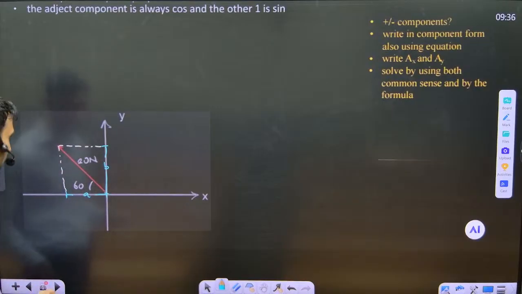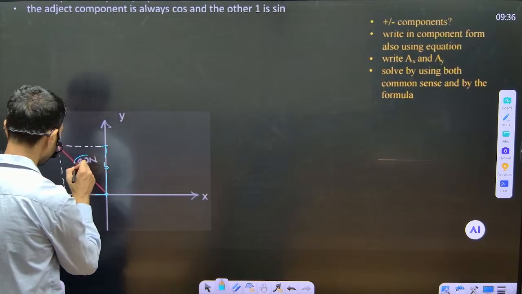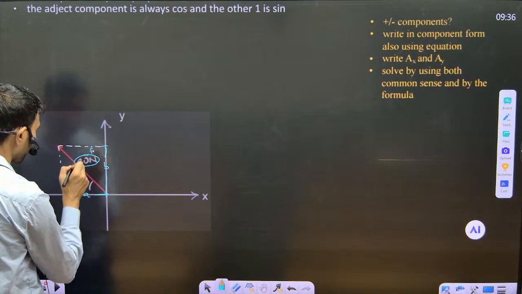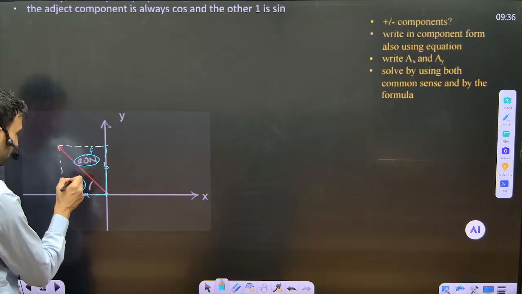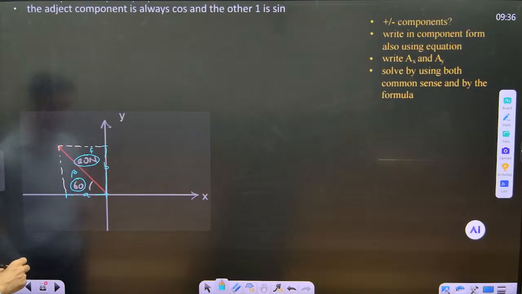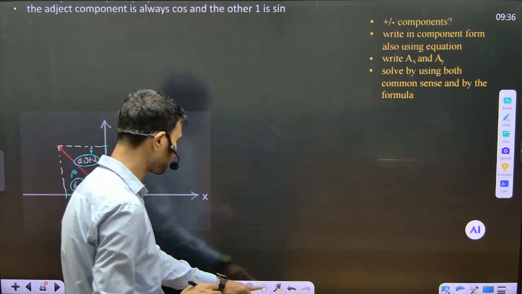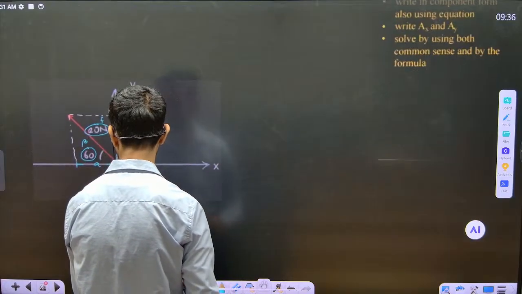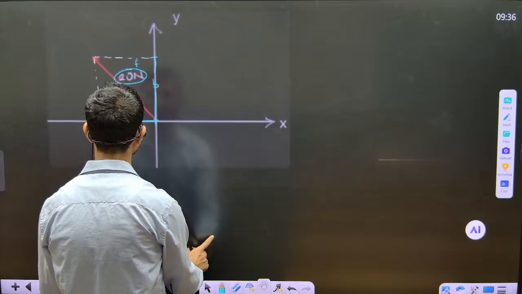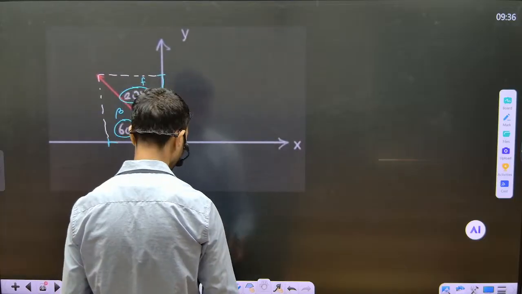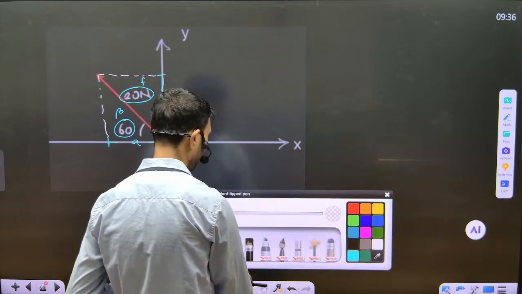And 20 Newton, let's call it F, right? And call this beta, right? I hope the diagram is clear. Now let's find out the value of all the quantities.